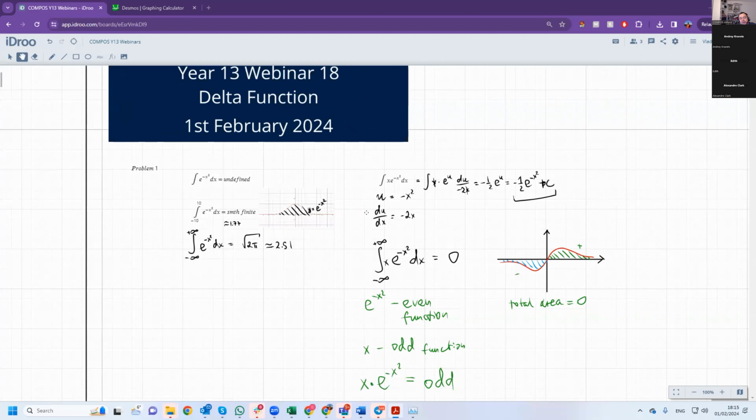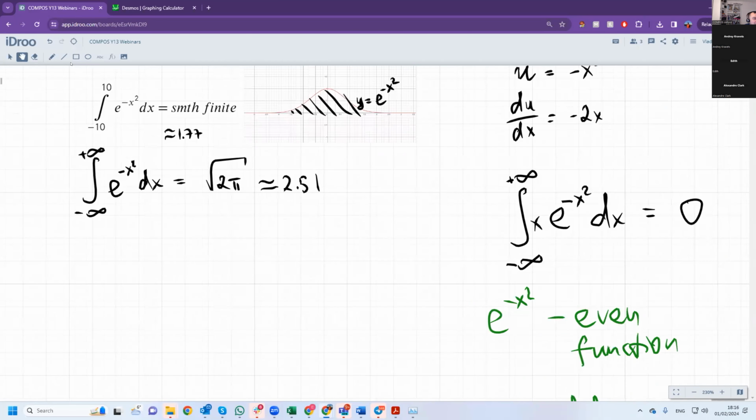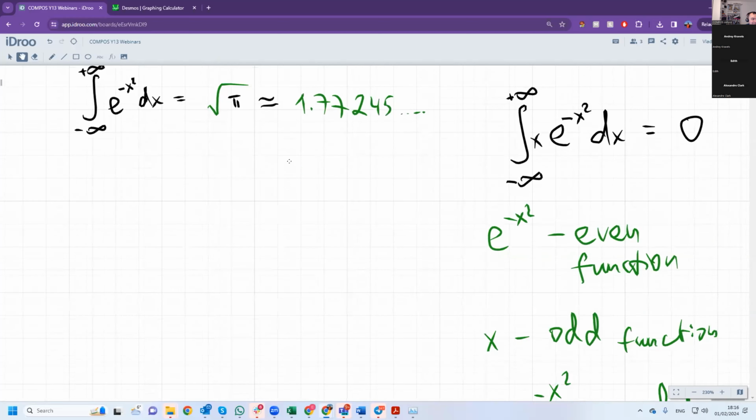Oh yes, I got the answer, which is 1.77. So it is. I was wondering where I went wrong. Square root of pi, which is approximately 1.77. Square root of pi is 1.7725, etc. Okay, thank you.